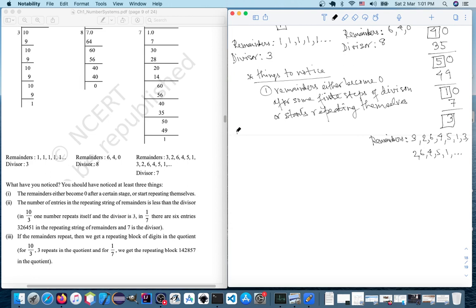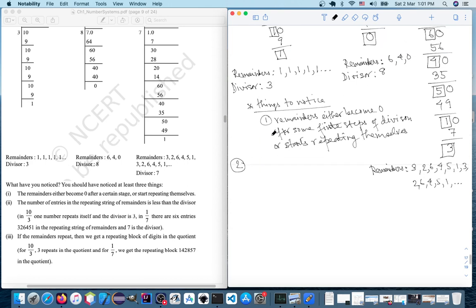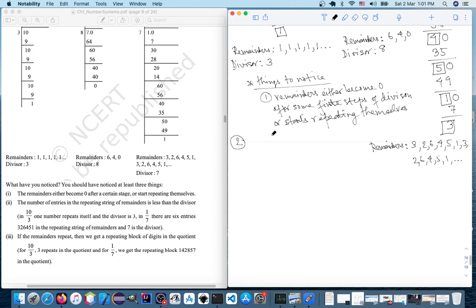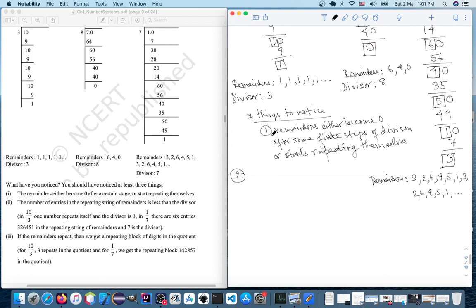Also, what do we notice? The number of entries in the repeating string of remainders. By repeating string of remainders, it means, for the first one, the remainders are 1, 1, 1, 1, 1, 1. So here the repeating string of remainders is 1.